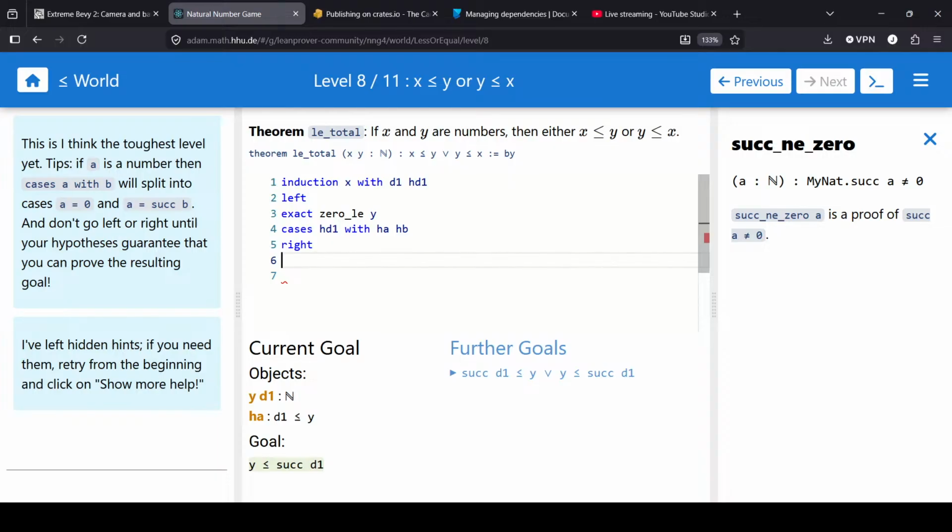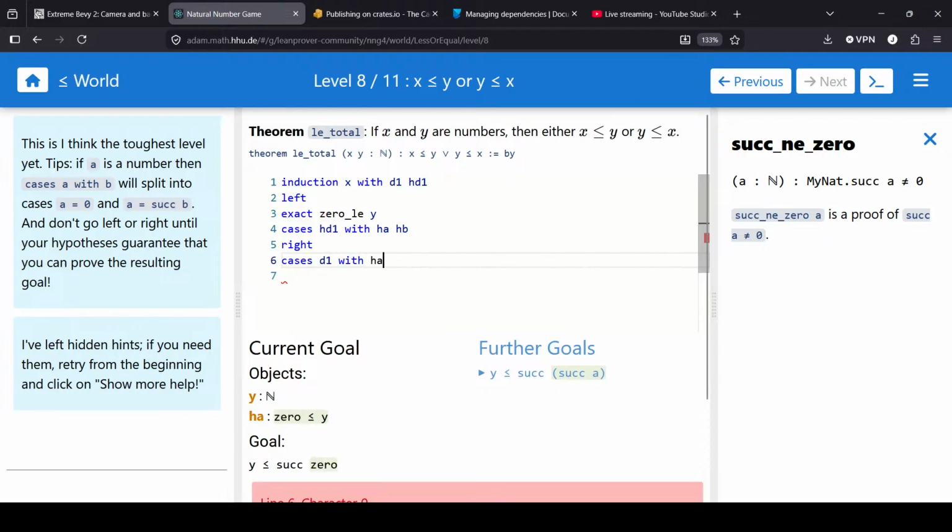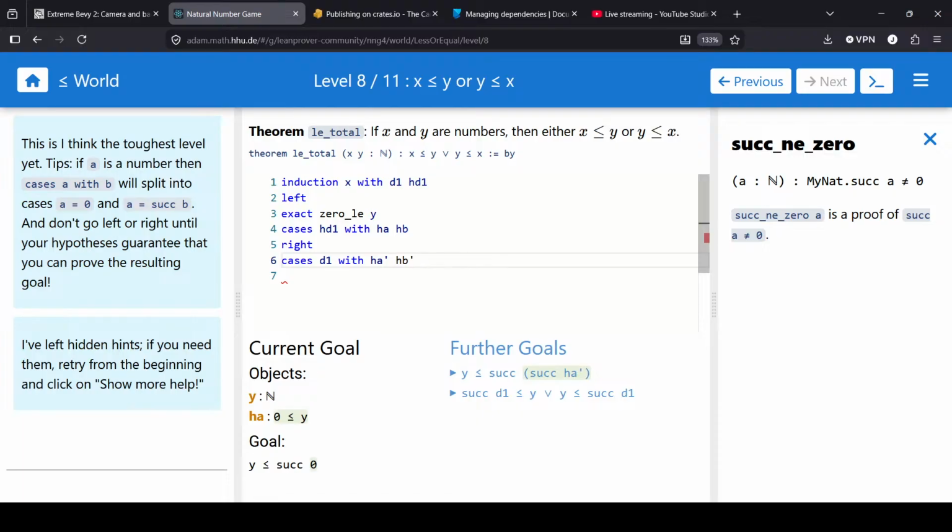This is so... Can I give them primes in their names? Y less than or equal to 1.